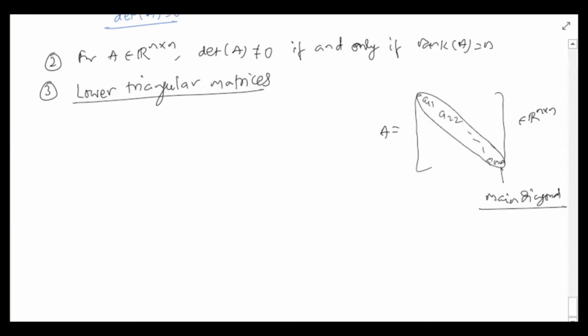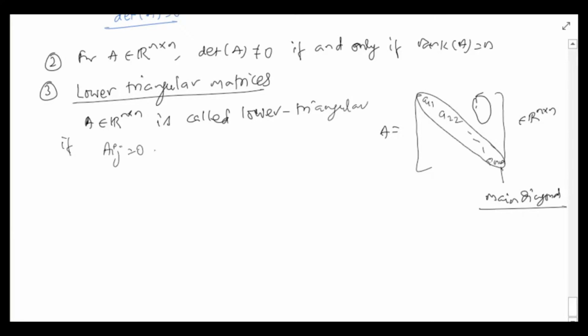The matrix is called lower triangular if all the entries above the main diagonal are 0. So if all these entries are 0, then A is called lower triangular. More precisely, A, that is an n cross n matrix, is called lower triangular if Aij is 0 for all i less than j.